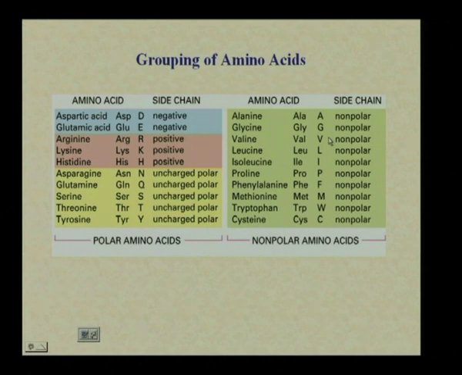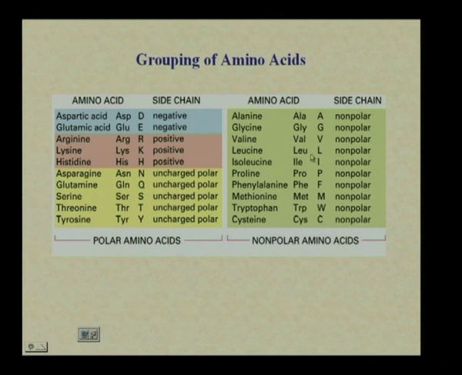These non-polar amino acids, also called hydrophobic amino acids, would tend to be away from the solvent. Why? Because they have no favorable interactions with the solvent. Why is that? Because all these side chains mostly contain carbon and hydrogen.